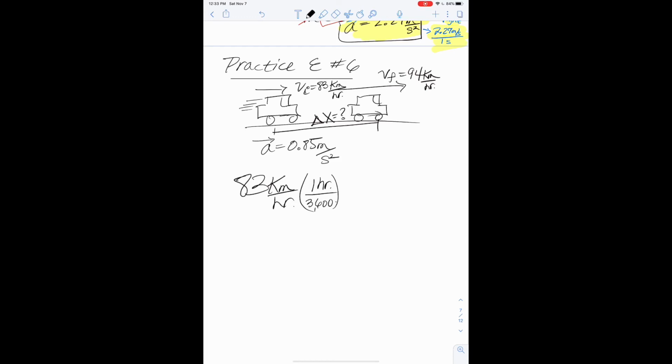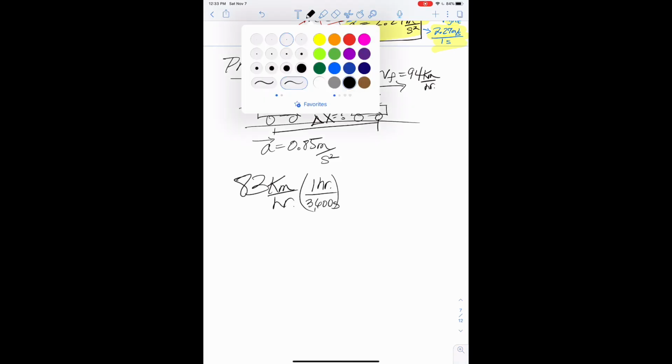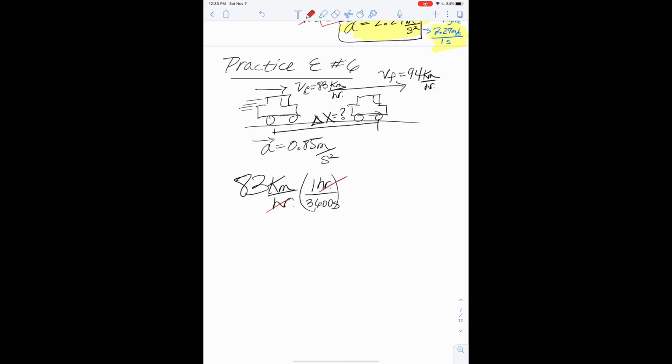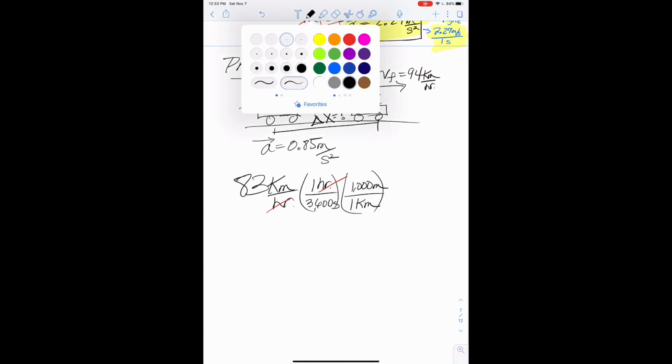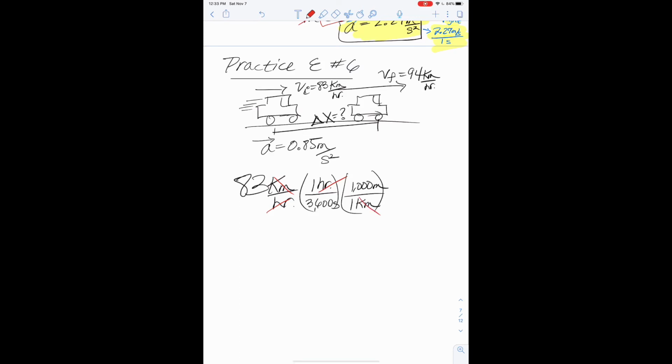I didn't use that conversion factor a lot in the last chapter because I was trying to keep it a little easier, but I want to speed this up. And we might get from kilometers into meters. We know that 1 kilometer is equal to 1,000 meters. Let's go ahead and do some canceling there. Okay. And we're left with seconds on bottom and meters on top, which is what we want.